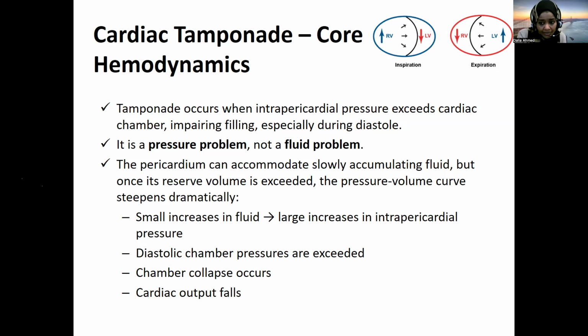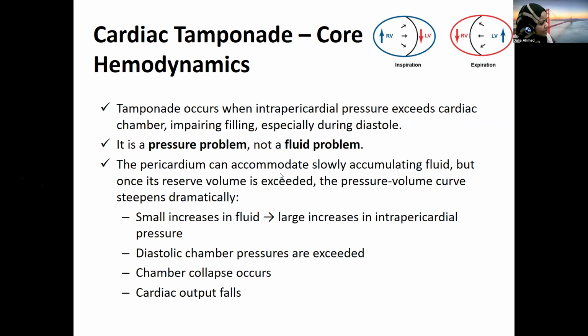We all know this in the cath lab. And if it's chronic, usually the stretch and the reserve are big, and the pericardium can contain up to 500 mL of fluid without any tamponade physiology. So it's a pressure problem, not a fluid problem.